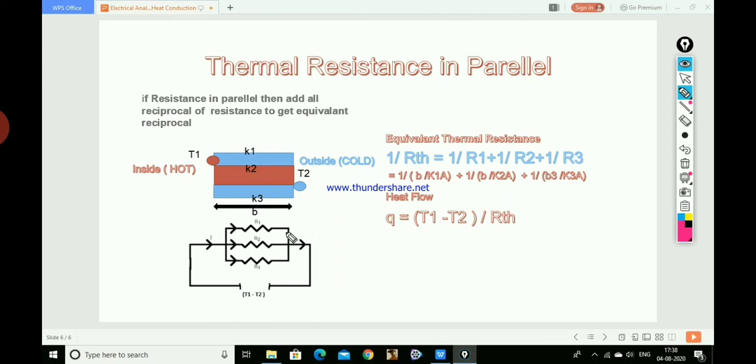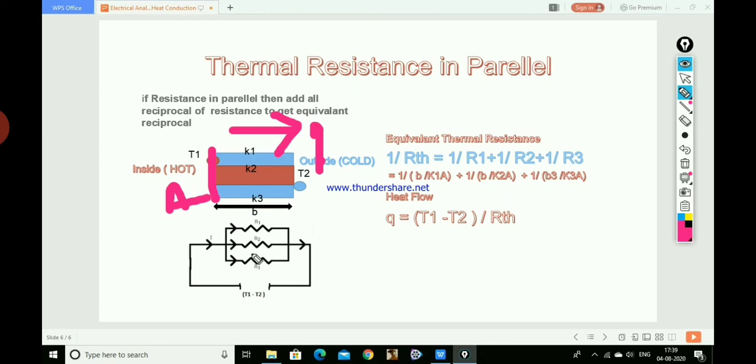Due to that temperature difference, we get heat flow. As the surfaces are in parallel, we show the resistances in parallel in the electrical circuit: R1, R2, R3. Here also we have a common area A, which is perpendicular to the direction of heat flow Q.